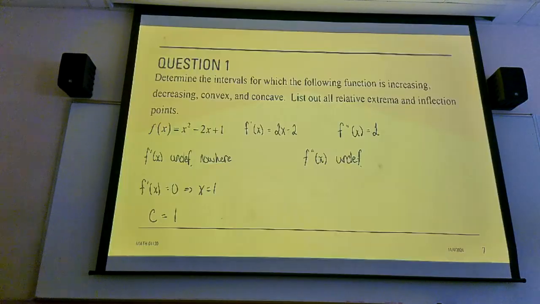No. f double prime of x equals 0 is a contradiction. f double prime of x will not equal 0. That means that f prime has no critical points.